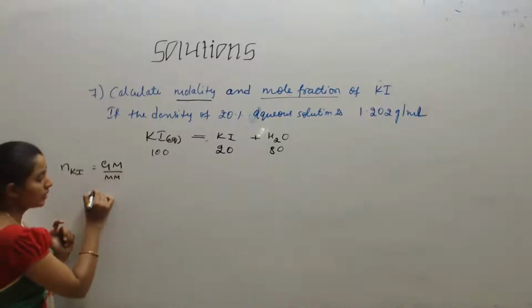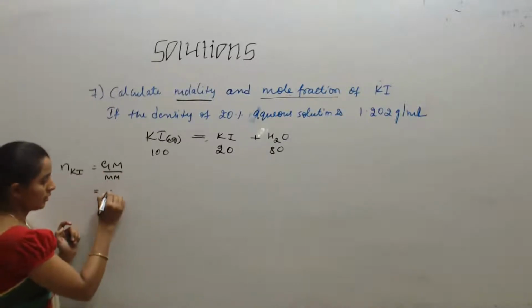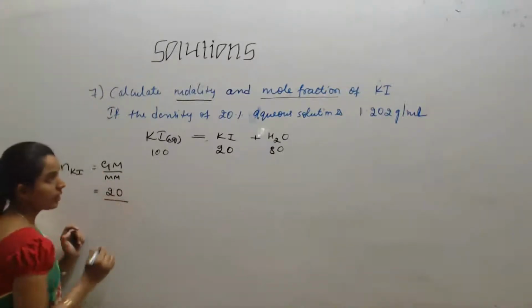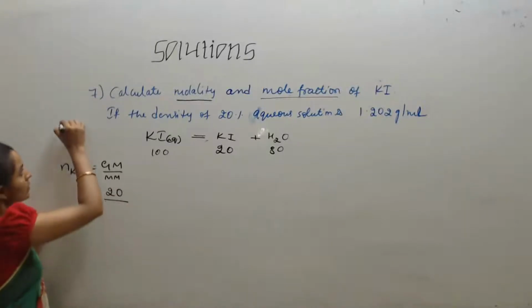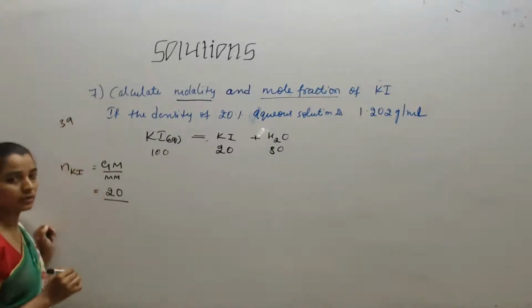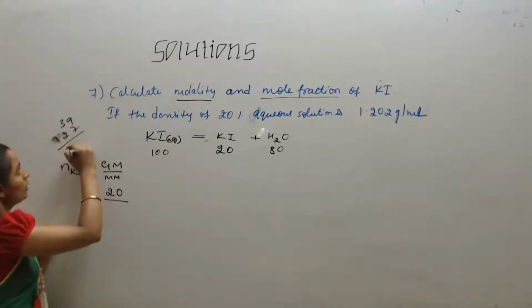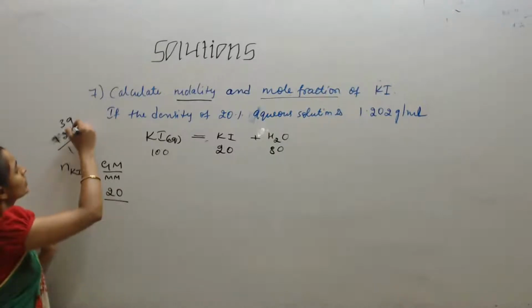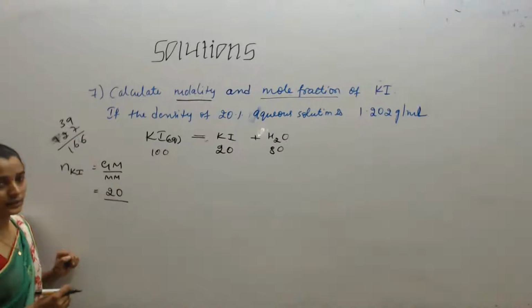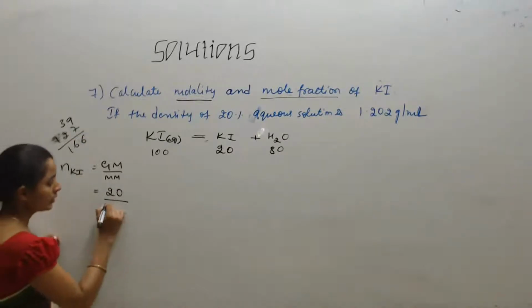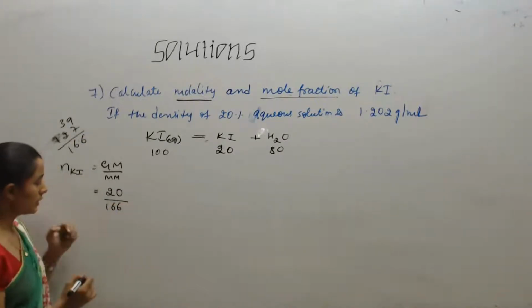So given mass of this KI is 20, molecular mass: potassium is 39, the iodine is 127. Total 166. Okay, this is 166.